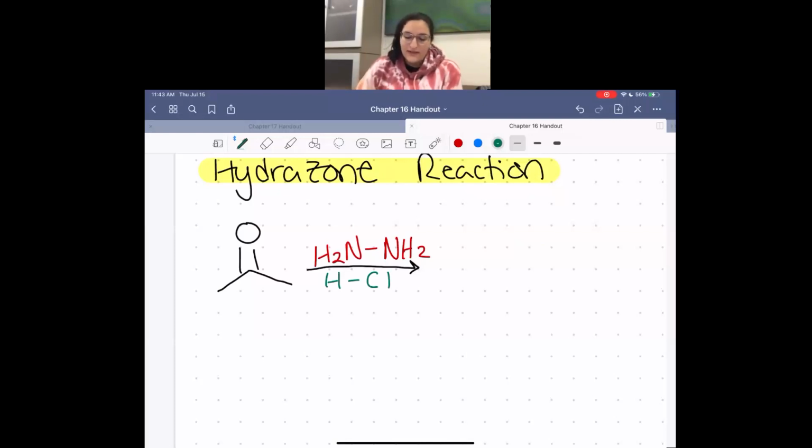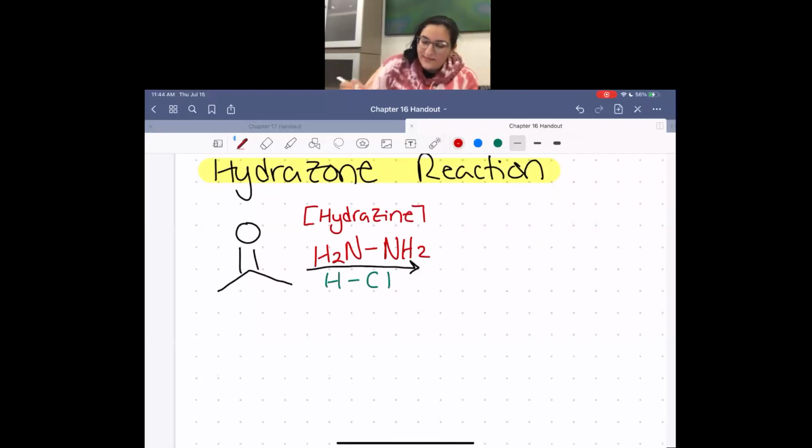So, first things first, we're going to name this guy. This is our hydrazine, and that is going to be our nucleophile.